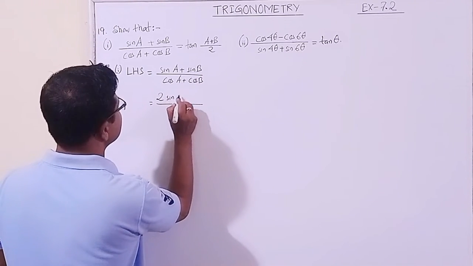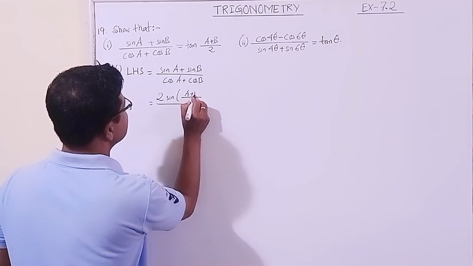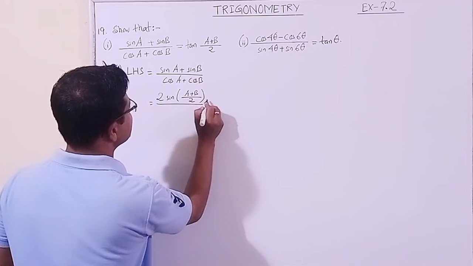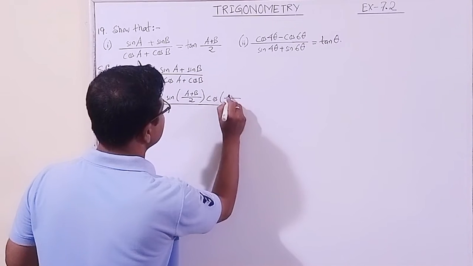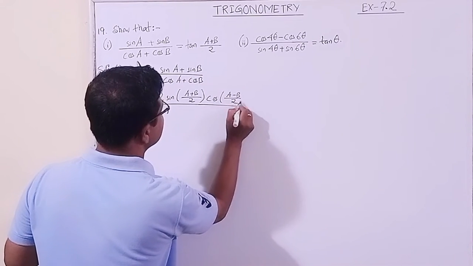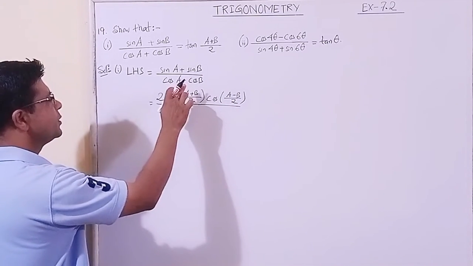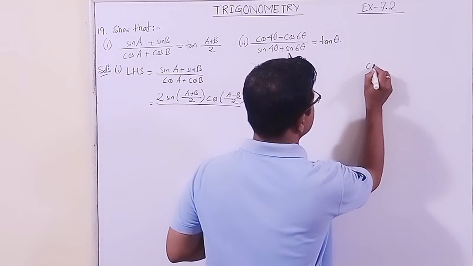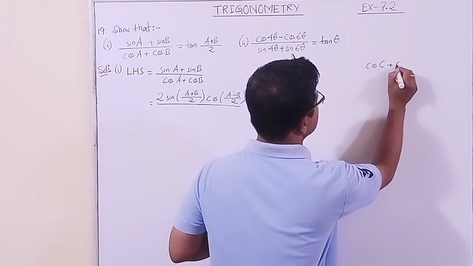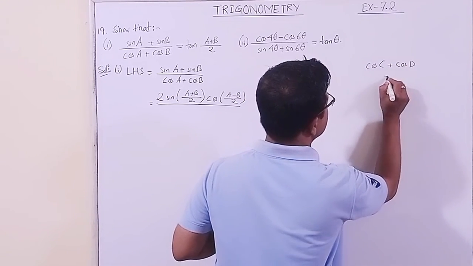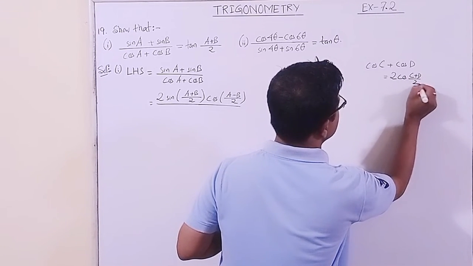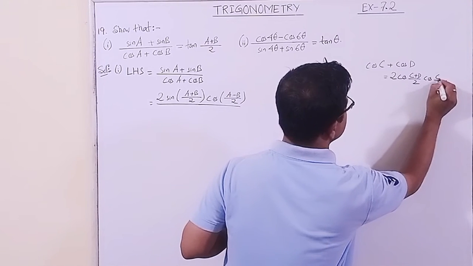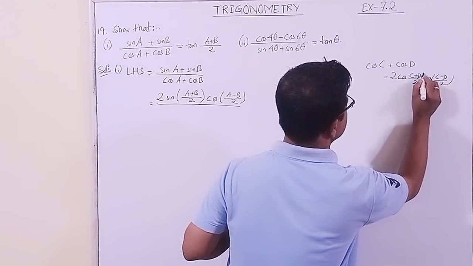Twice sin (C plus D) by 2, cos (C minus D) by 2, that is A minus B by 2. Then cos C plus cos D. What was the formula? Twice cos (C plus D) by 2, cos (C minus D) by 2.